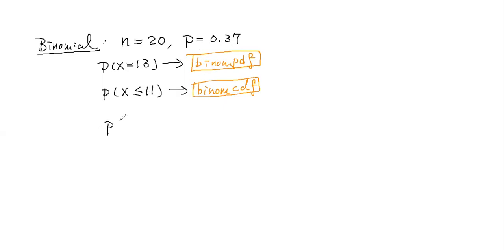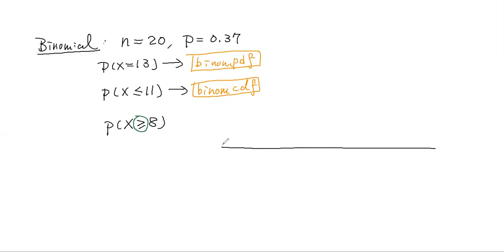So if I say that I want to find the probability x is greater than or equal to, let's say 8, how do I do it? This is a greater than. So the way you want to use this, I'm drawing a picture for you.